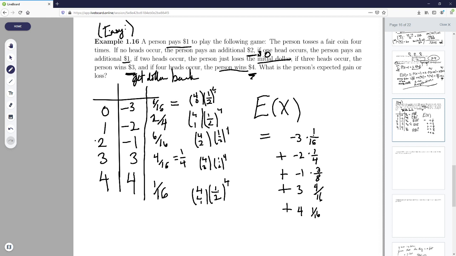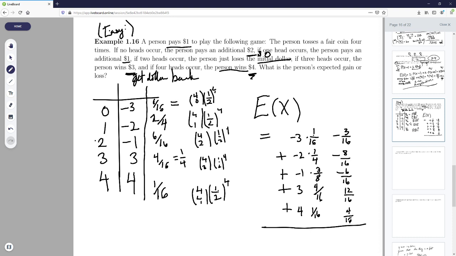Okay, so let's see what this is in total. So this is -3/16. This is 4/16, so this is -8/16. This is 6/16, so this is -6/16. This is 12 over 16. And this is 4 over 16.